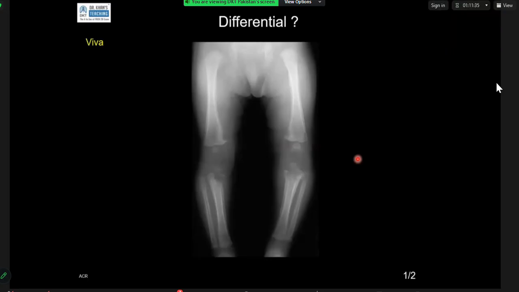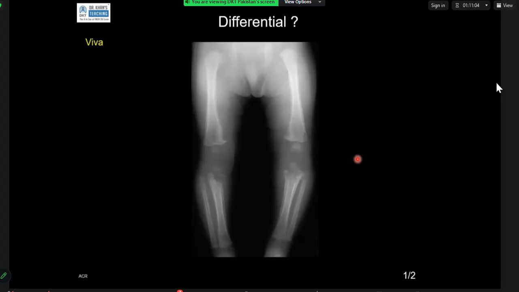Sir, I've been provided with X-ray lower limbs of a skeletally immature child. I can see there's an eccentric lytic lesion involving the medial metaphyseal corner of the bilateral upper tibia. Apart from that, I could see the smooth periosteal reaction, which is bilateral symmetrical, which could be physiological at this age.